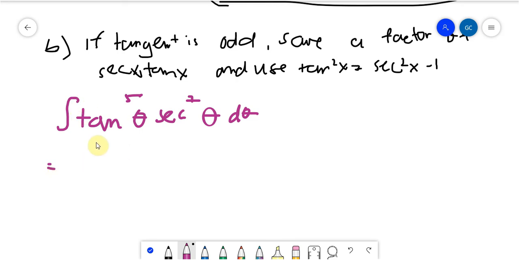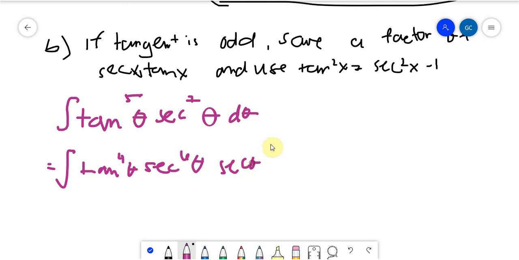In this case, we have tangent and secant, both of them are odd, so we will remove one factor from each of them. So we have tangent to the 4th theta, and we have secant to the 6th theta, and then we have secant theta tangent theta d theta.